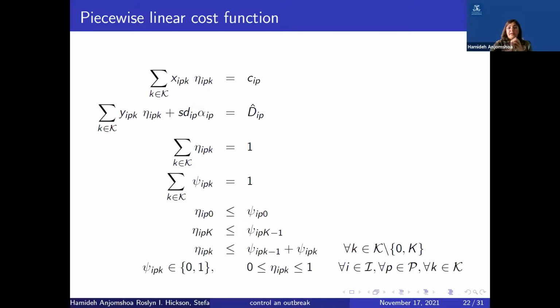Okay, now we apply the same techniques that we had before, the piecewise linear. Then, as mathematicians, we always love to make everything more complex. There we go, we define psi, a similar technique, a binary variable, and eta to be 0, 1, with the same techniques to make sure all those bits and pieces are connected.